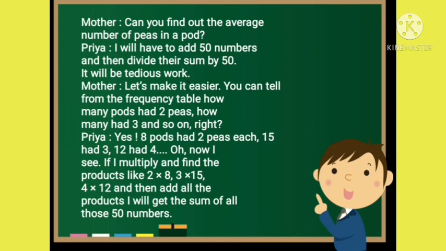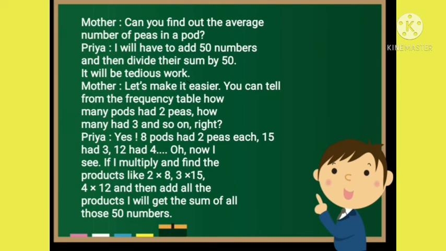You can tell from the frequency table how many pods had 2 peas, how many had 3, and so on. Right. Priya, yes. 8 pods had 2 peas each, 15 had 3, 12 had 4, and so on.